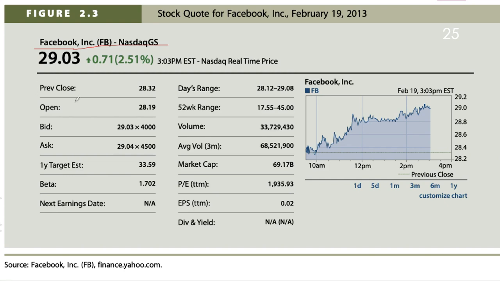And then it shows us a variety of information, like the evolution of the prices in different time scales, like 1 day here, or 5 days, 1 month, and up to 1 year.